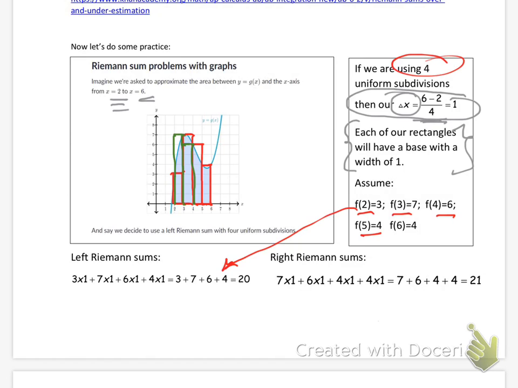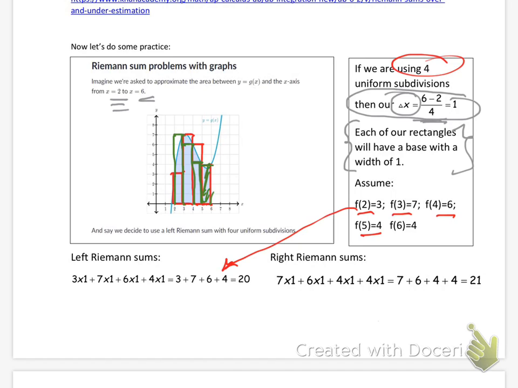That's our second Riemann sum rectangle in green. Go to the 5, go up and across. That is our third Riemann sum rectangle in green. Go to the 6, go up and across, and that ends up being our fourth Riemann sum rectangle in green.